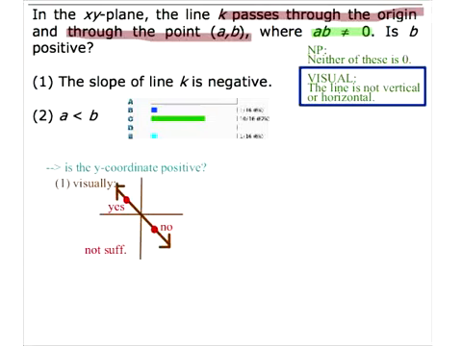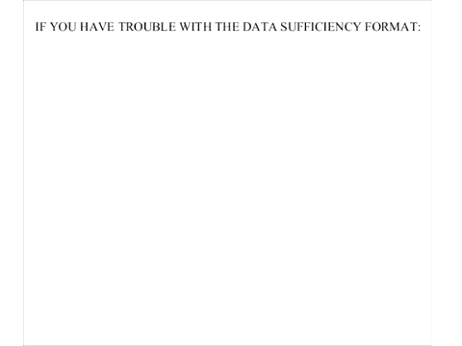By the way, let me pause for a second, since all of the problems on today's thing are data sufficiency. Let me give a few words of advice about that. If you have trouble with the data sufficiency format, which a lot of people do, and you find yourself missing data sufficiency problems because of the way data sufficiency works and not because of the actual math, then before you start the problem, make sure you, at least in your head, answer the following 3 questions explicitly.